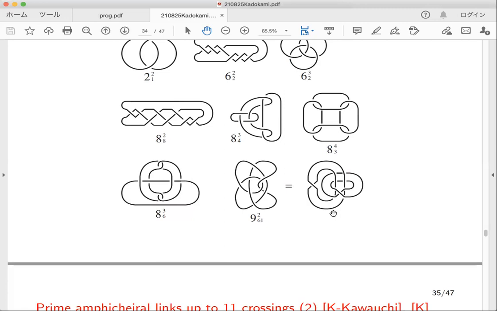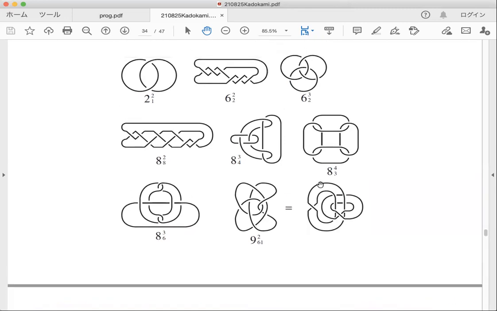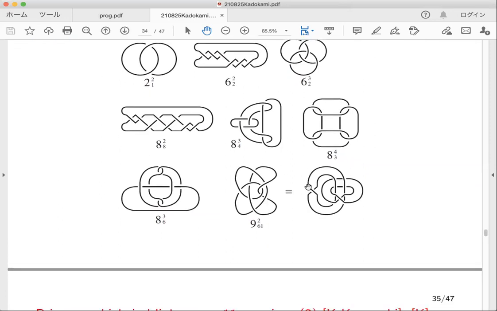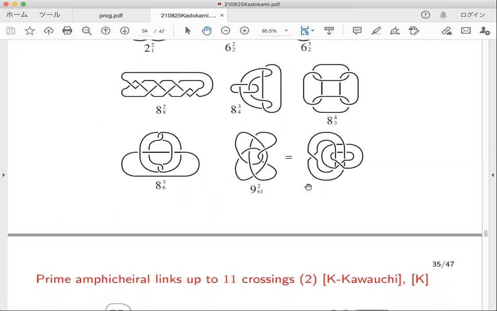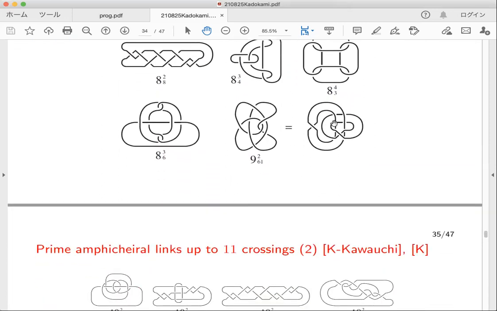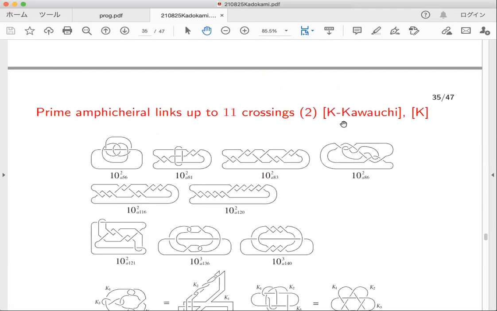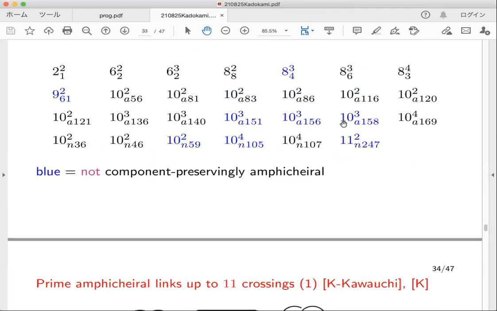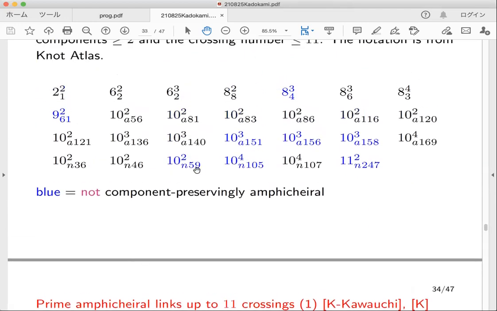Sorry, this is not correct. For another example, this is not linking number 0. Sorry. Probably another example, maybe this or this.